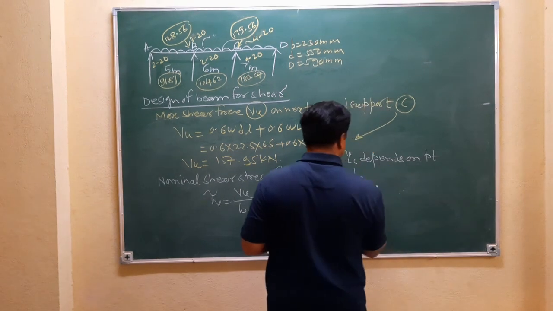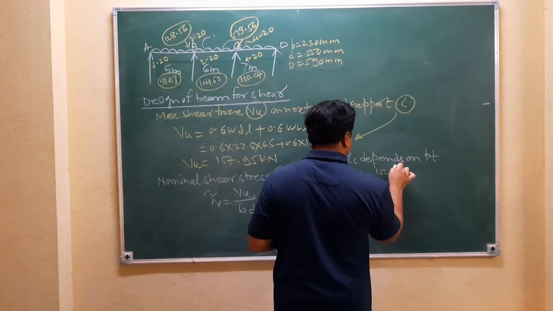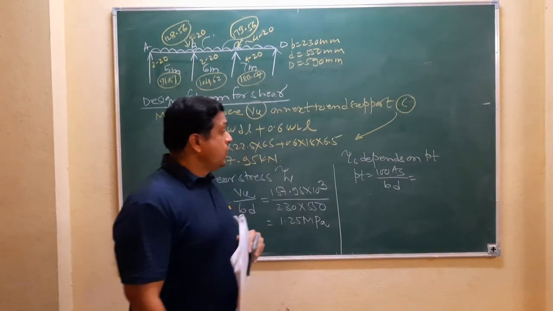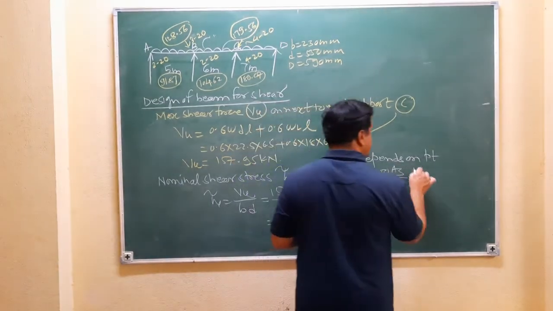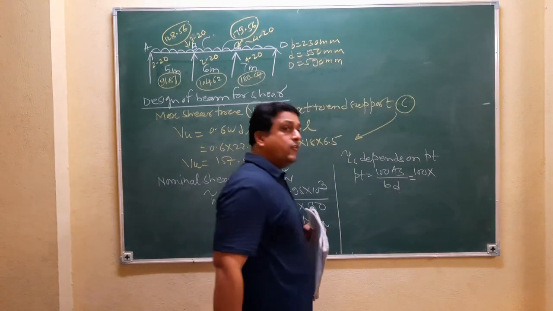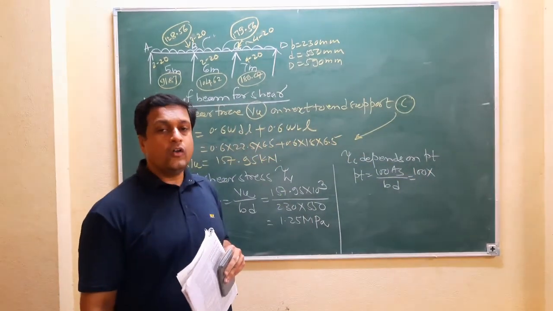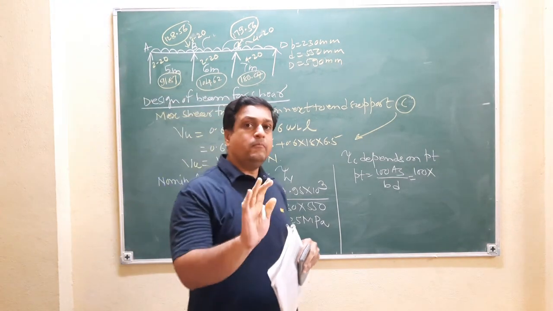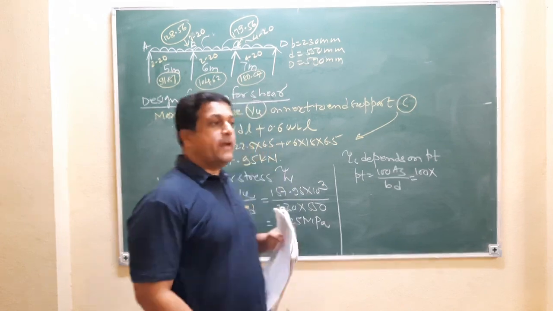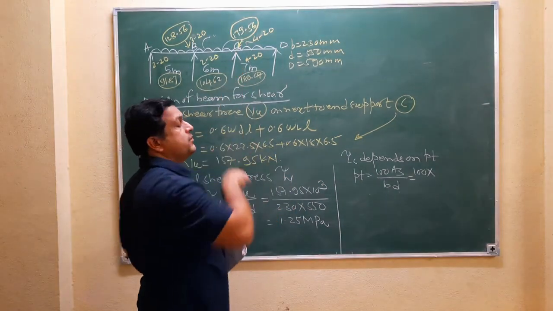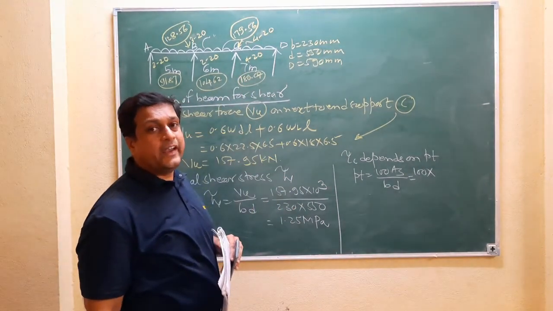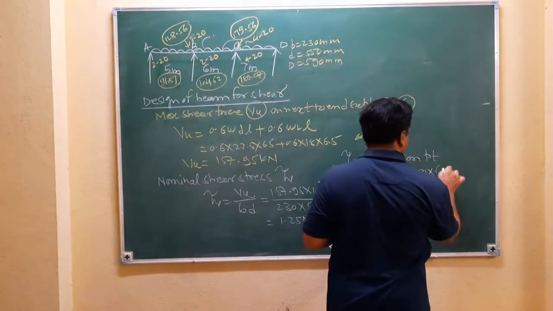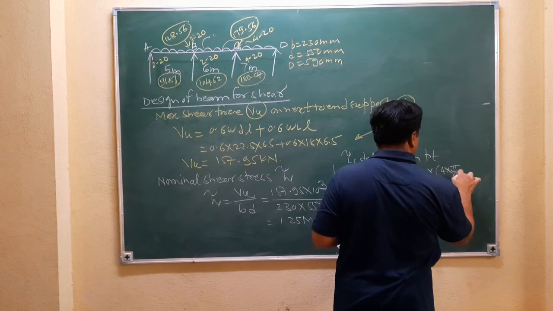Now tau c depends on pt. So what is the pt? pt is equal to 100 As upon b into d. What is the As? As is the area of tension steel available where the maximum shear force is available. Our maximum shear force is on next to end support C, and there the tension steel is 4 bars of 20 mm diameter.